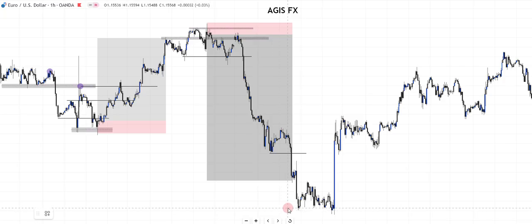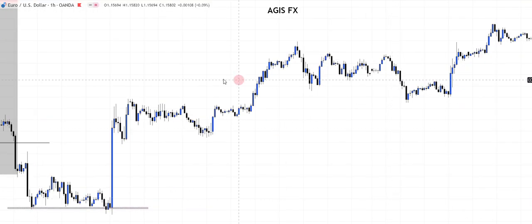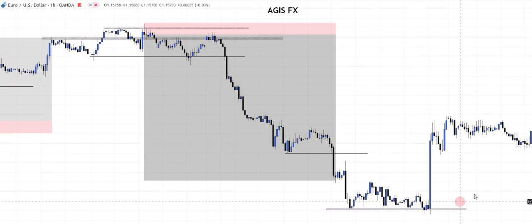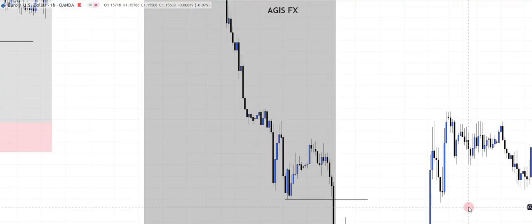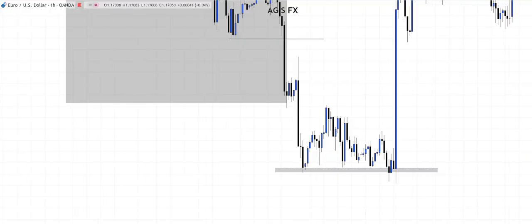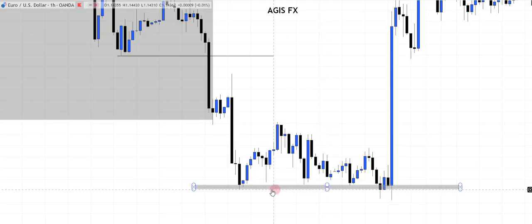So this was my zone, and what did I notice in the double bottom is price came here. I'm going to try my best to make this clear. So price came here, you can see it touched this level.